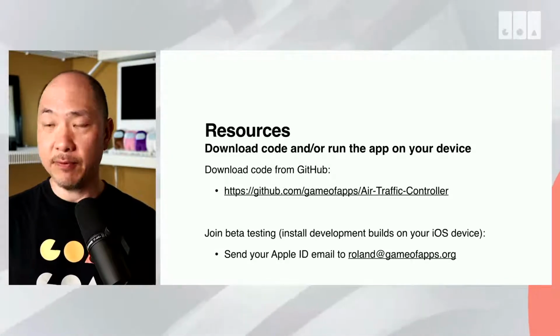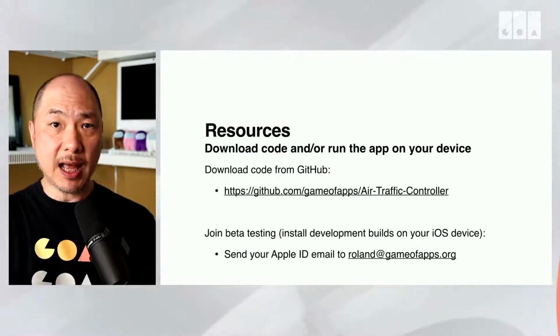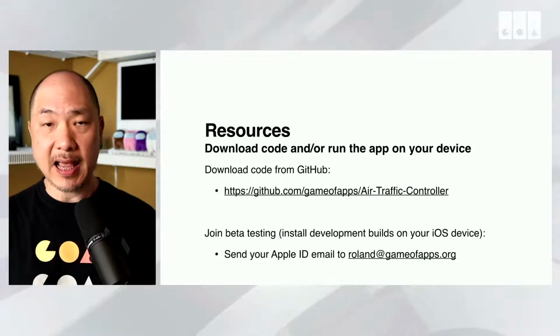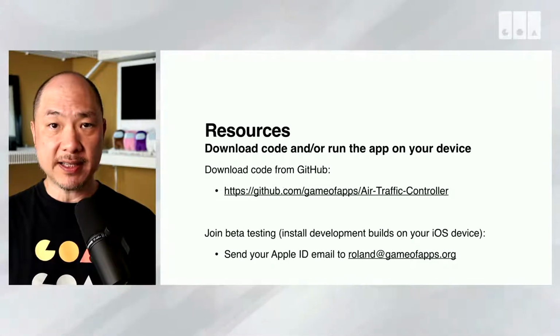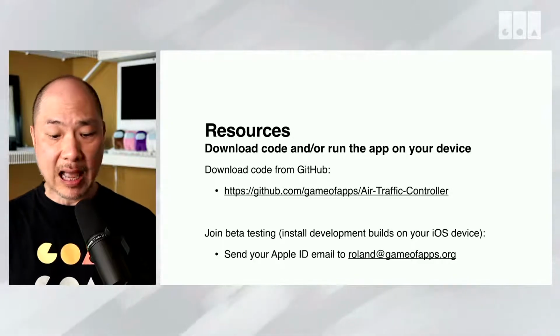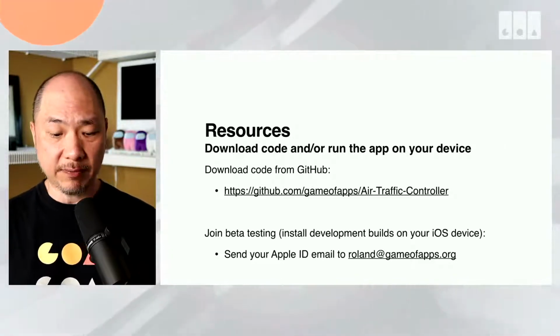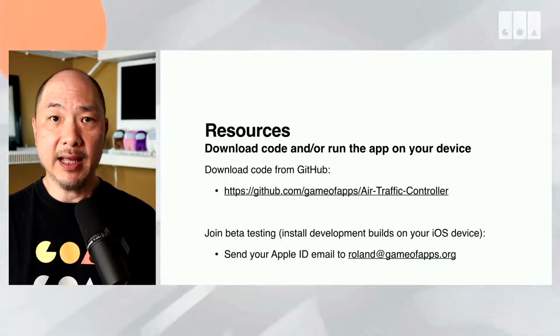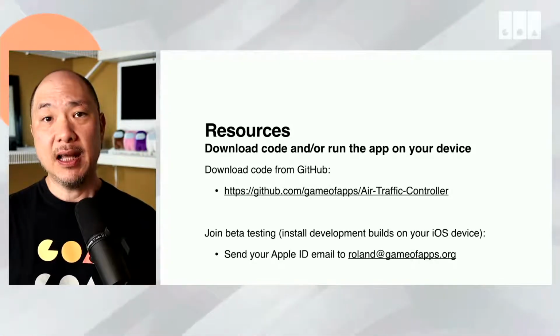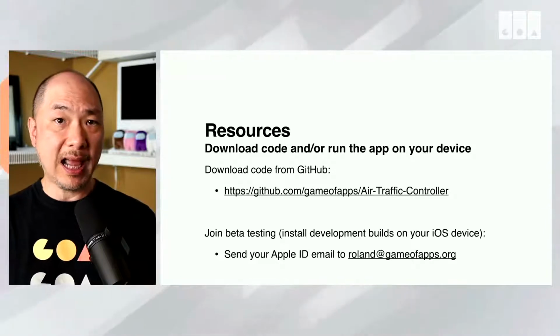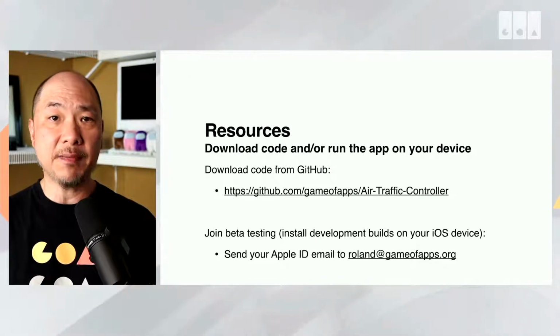And then if you want to join the beta testing, so you could download this app onto your iOS devices, even before it goes into the App Store, please send me an email. This is my email here, roland@gameofapps.org. And I will add you to the team. All you need to do is download an app called TestFlight. You can get that from the App Store.